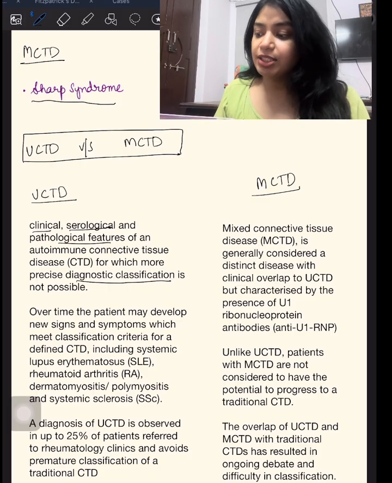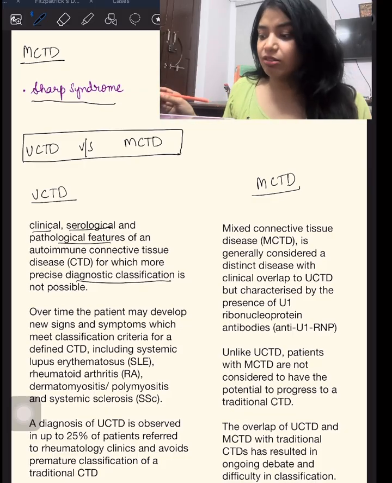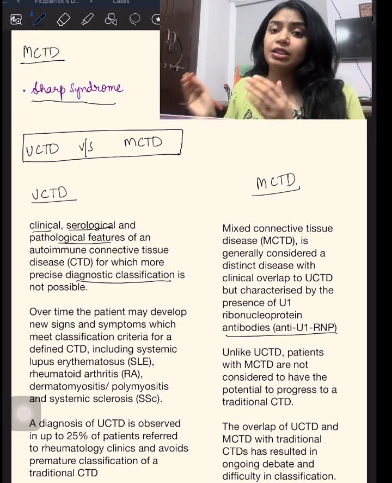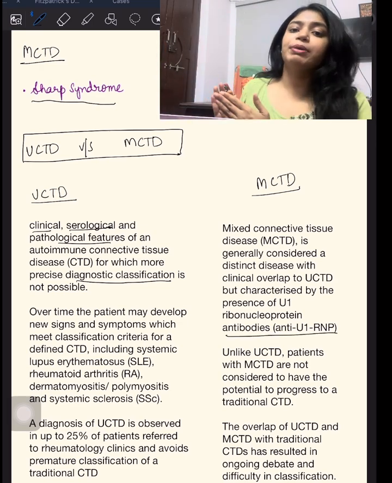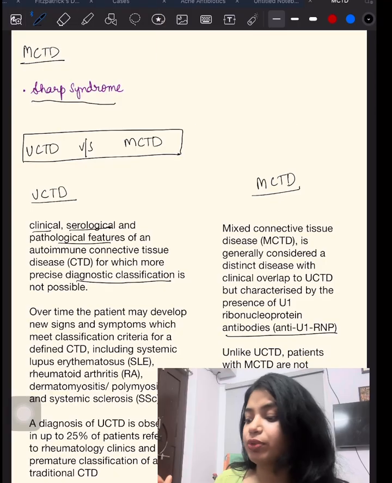Now coming to MCTD, it itself is considered as a distinct disease now with the presence of U1 RNP antibodies. The presence of these U1 RNP antibodies is what differentiates UCTD versus MCTD for us now.